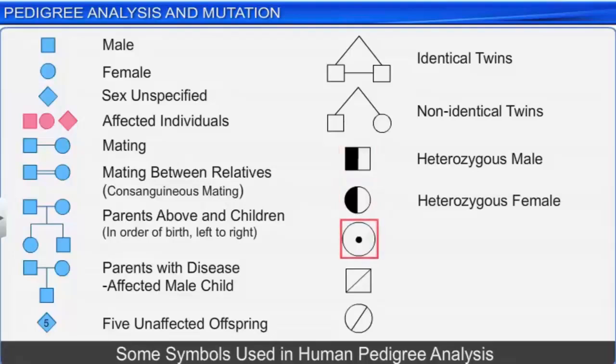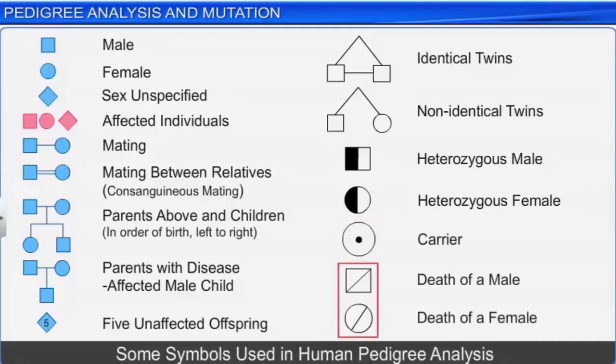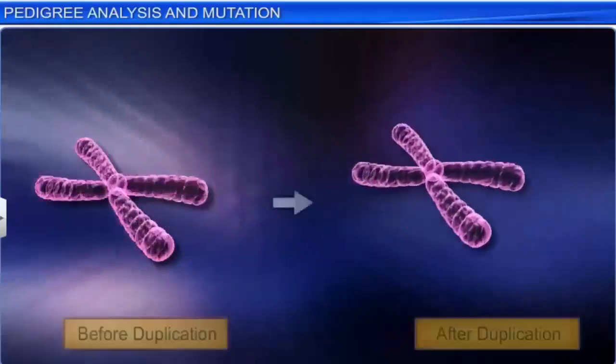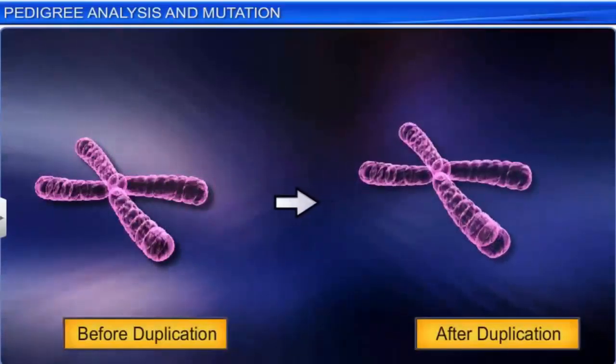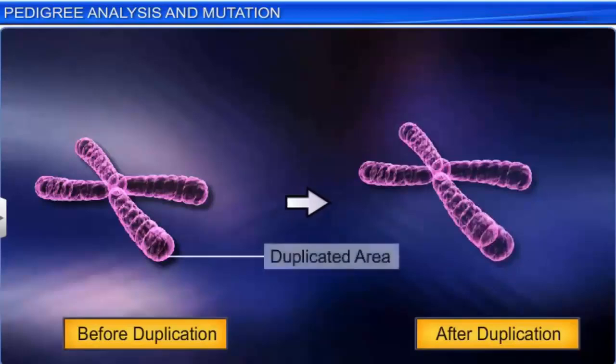A circle with a dot in the center represents a carrier, and the death of a male or female is represented as shown. Pedigree analysis helps trace alterations in genes. Let us learn about these alterations and the reasons for the same.